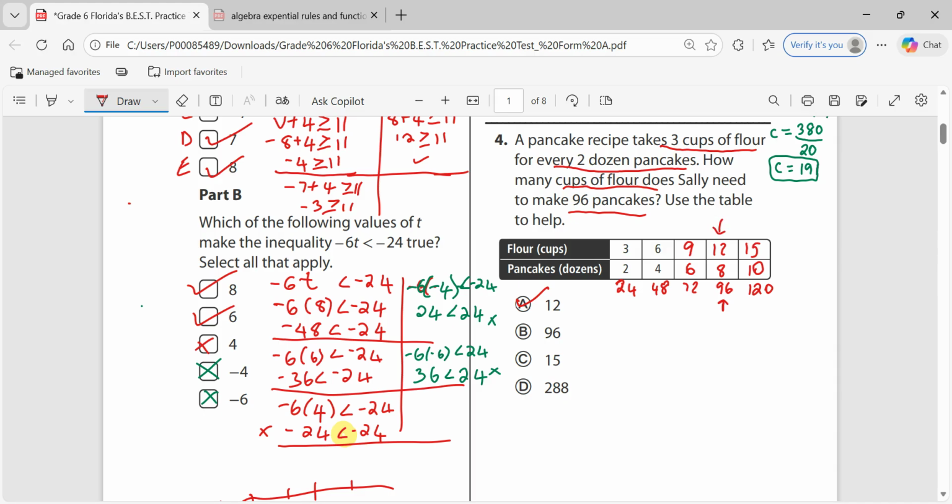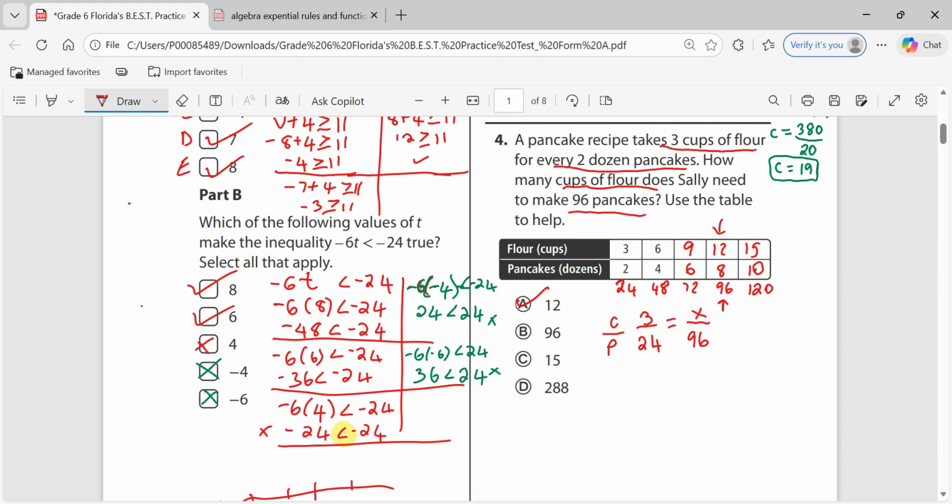Now, what if I didn't do it that way? That's perfectly fine, right? Once I know the first one, I know I'm dealing with cups to pancakes. So 3 cups of flour to 24 pancakes is going to equal, I don't know how many cups of flour to 96 pancakes.